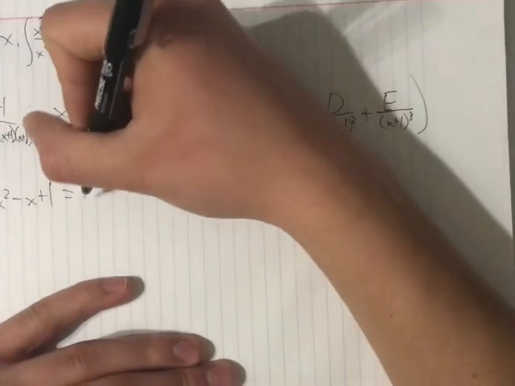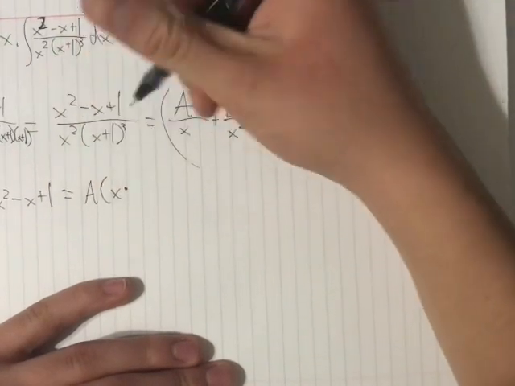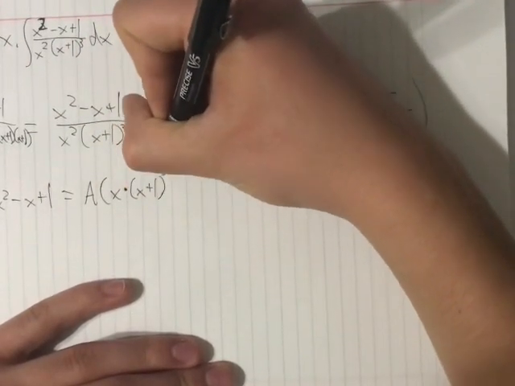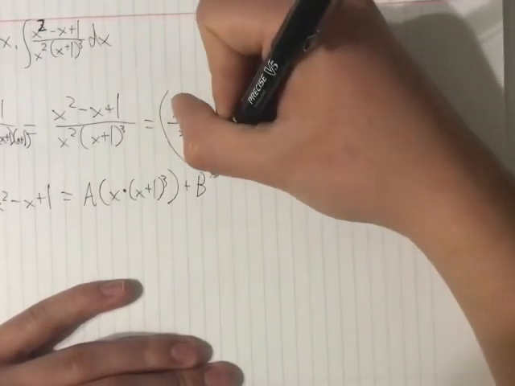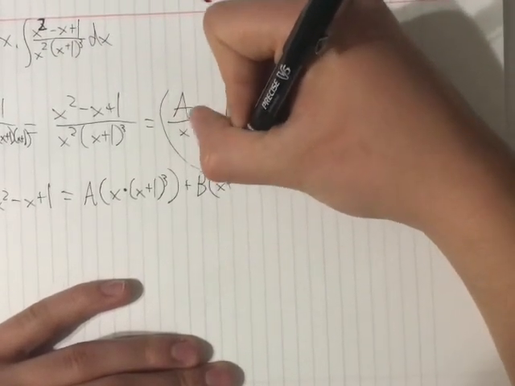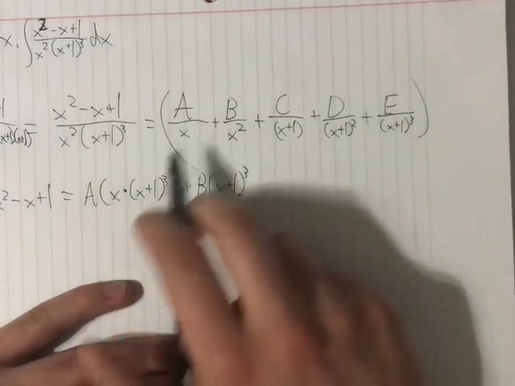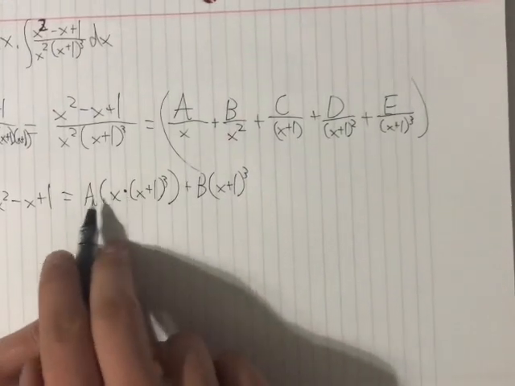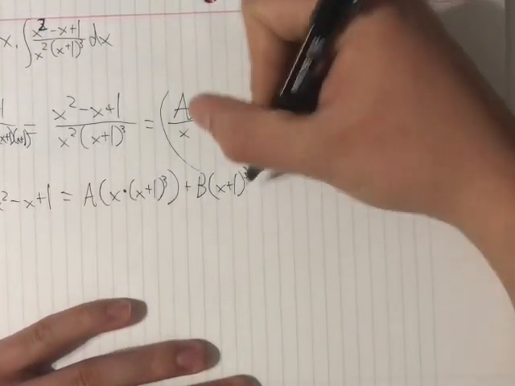So here, we're going to have a times x plus 1 cubed plus b times x plus 1 cubed, right? So the reason the x stays here is because we have an x squared and we're only dividing out by 1x. So we have a times x plus 1 cubed, right?